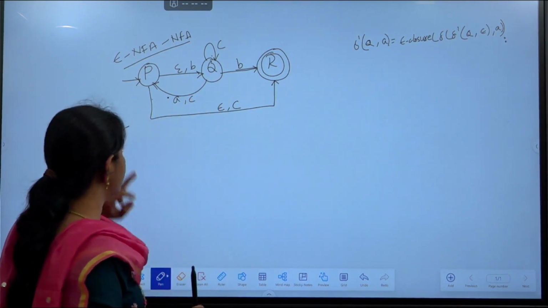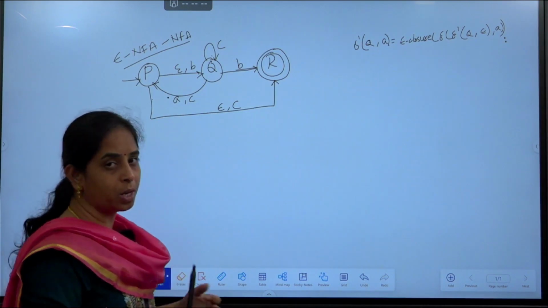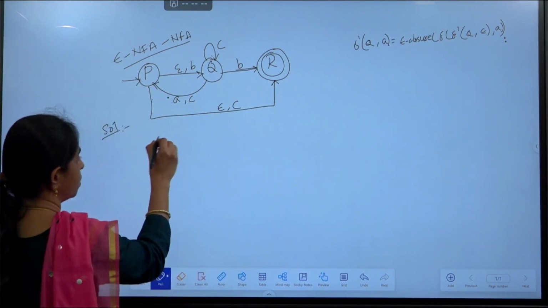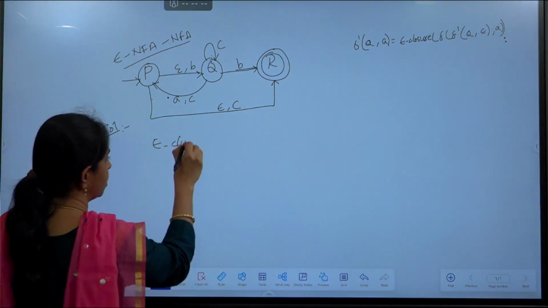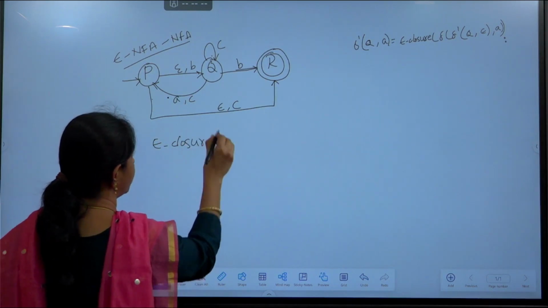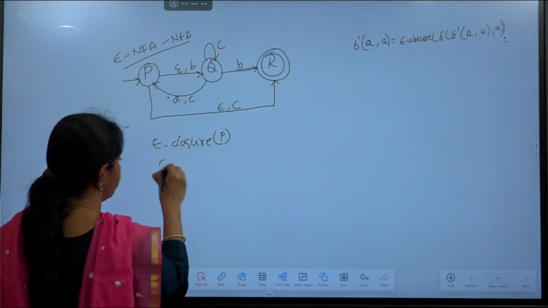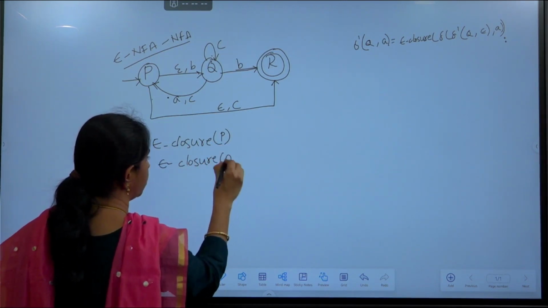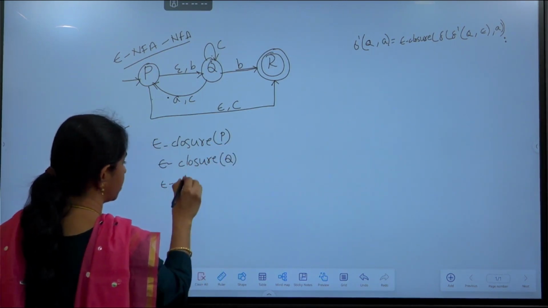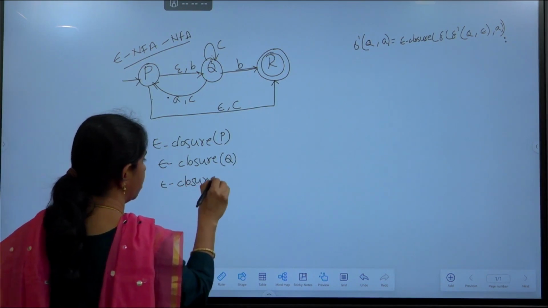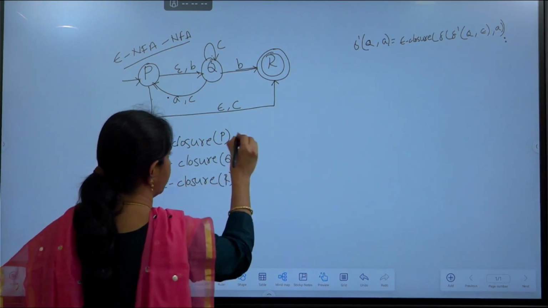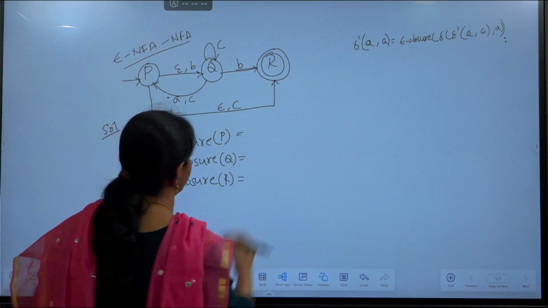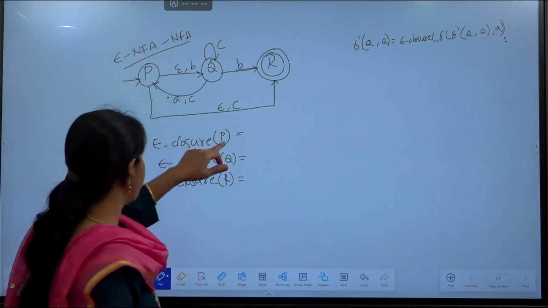Here first we will find the epsilon closure for all the states. That is the first step: epsilon closure of P, epsilon closure of Q, epsilon closure of R. We will see the epsilon transitions from P first.